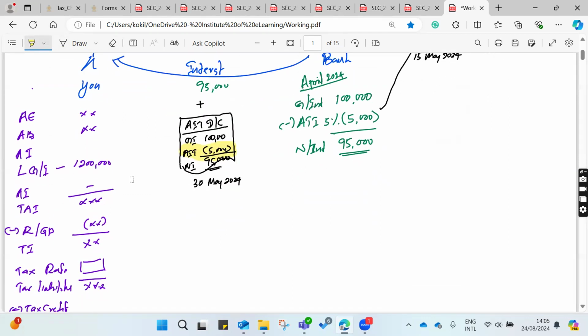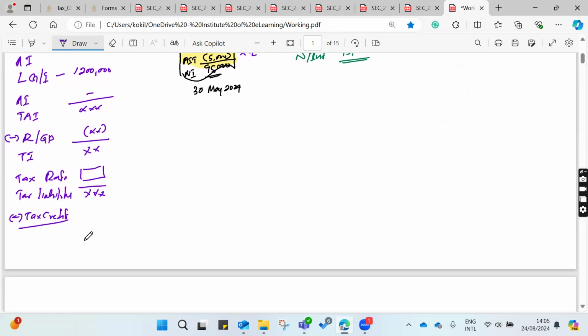Then you will get 5,000 into 12 as a tax credit, the correct 60,000, based on the certificates you received at that particular time. You would have received 12 certificates. Based on the 12 certificate figures, you will claim the tax credit, advance income tax paid on interest. You can take the credit, 60,000.